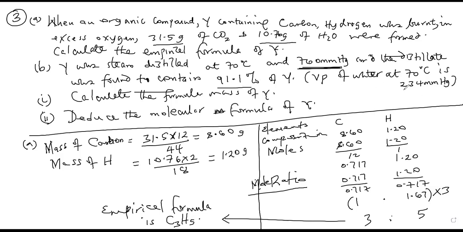And if the vapor pressure of water is 234, we can get the vapor pressure of Y. And then we get the formula mass from which we can determine the molecular formula.